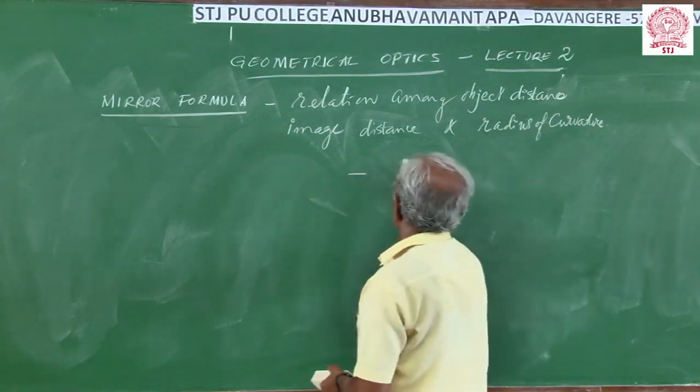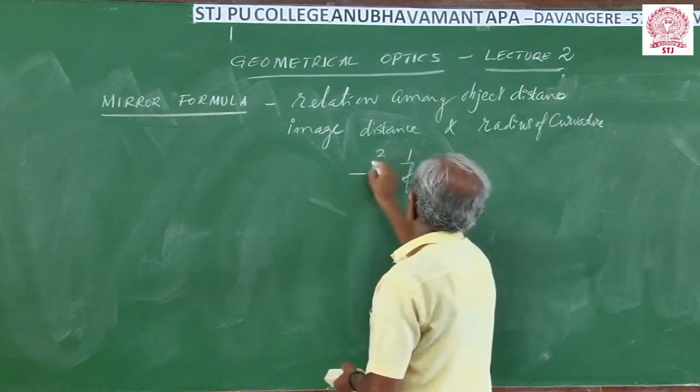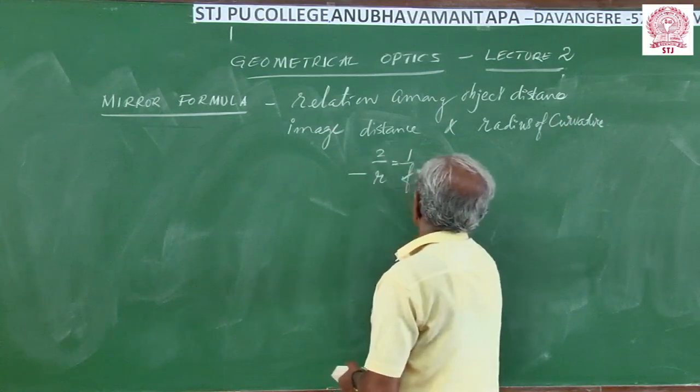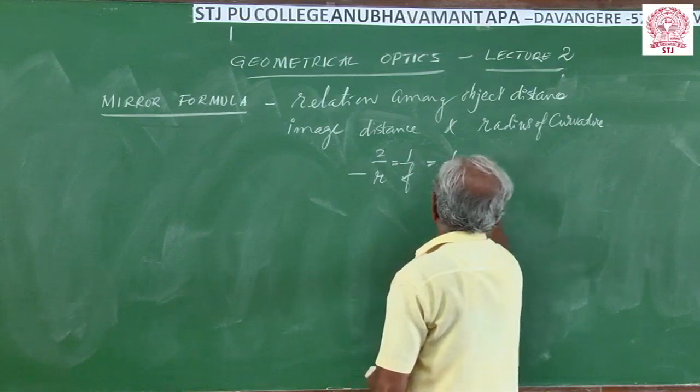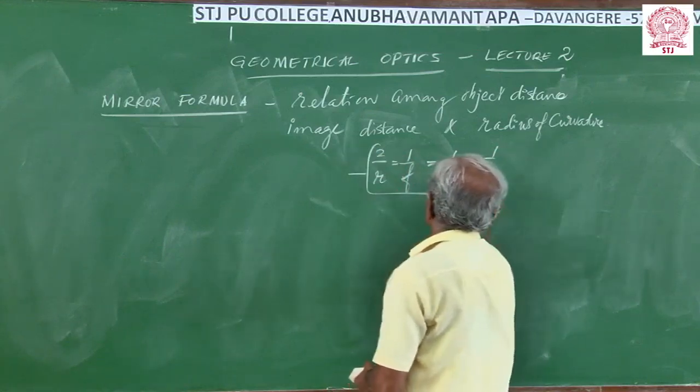Or deriving the relation 1 over F is equal to 1 over V plus 1 over U. So this is an important derivation.